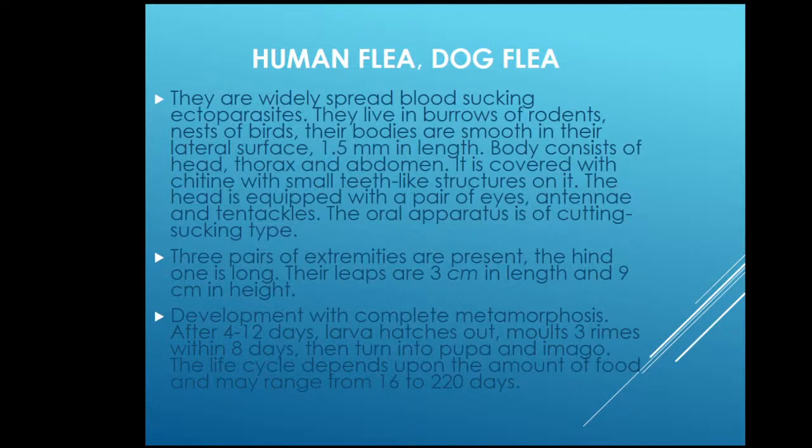After 12 days, the larva hatches out from eggs, it molts 3 times, and transforms into a pupa. From the pupa, the adult flea hatches out. The life cycle depends on the amount of food and species, and may range from 16 to 220 days.